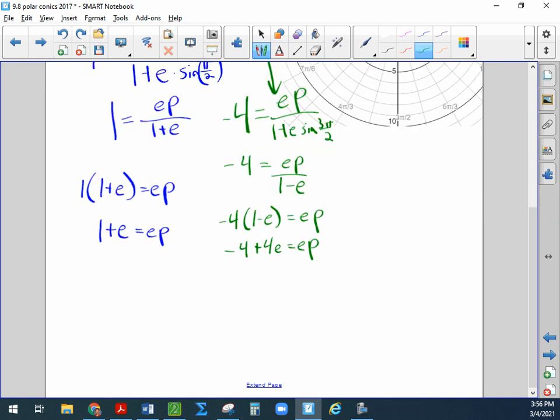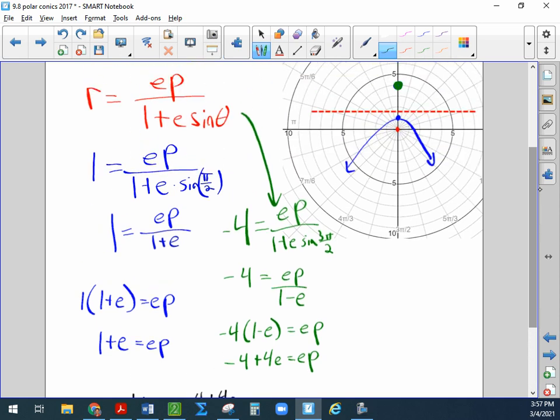And if they're both equal to ep, then I can set them equal to each other. So 1 plus e equals negative 4 plus 4e. I'm going to wind up with 3e equals 5, and so 5/3 is e. So now I know there's a 5/3 for my e.